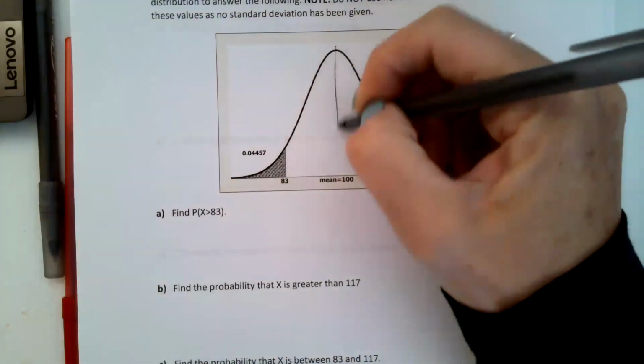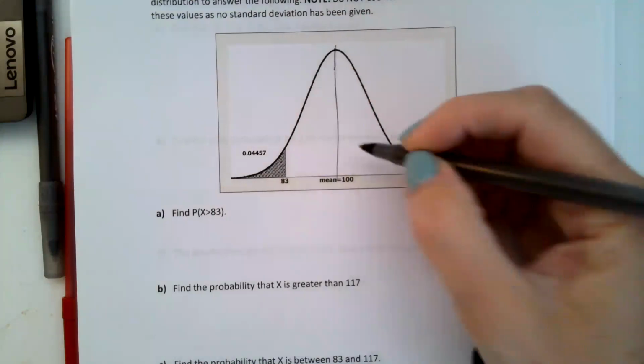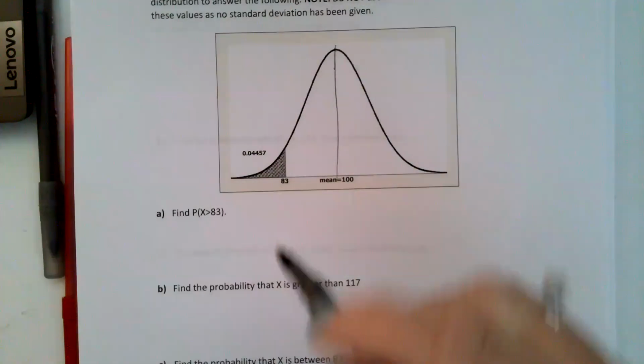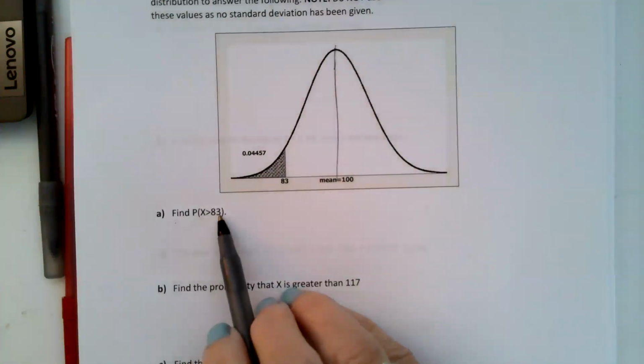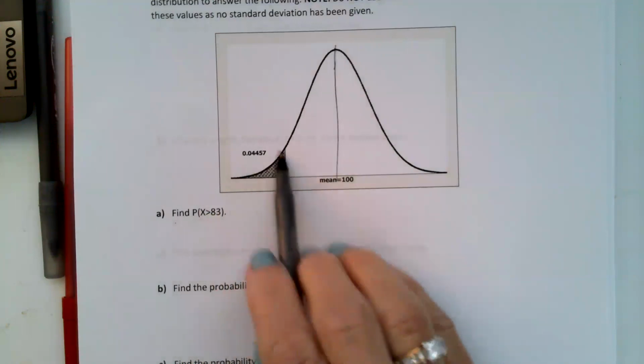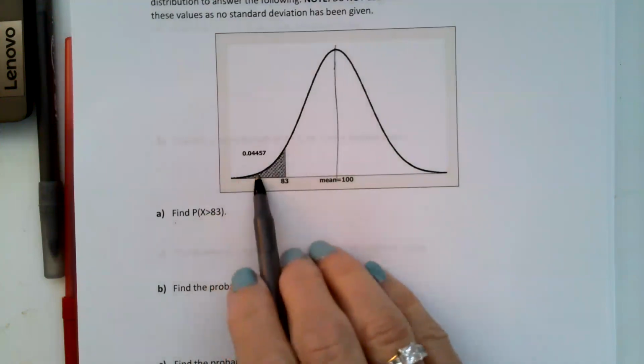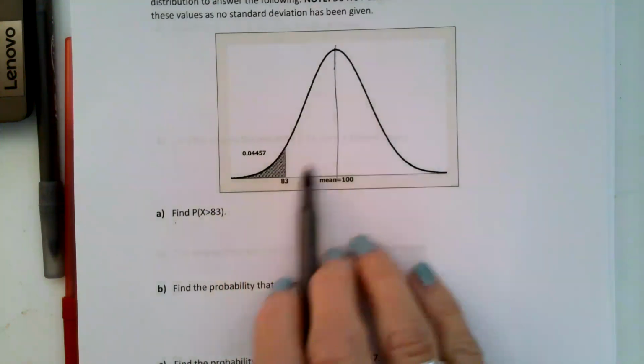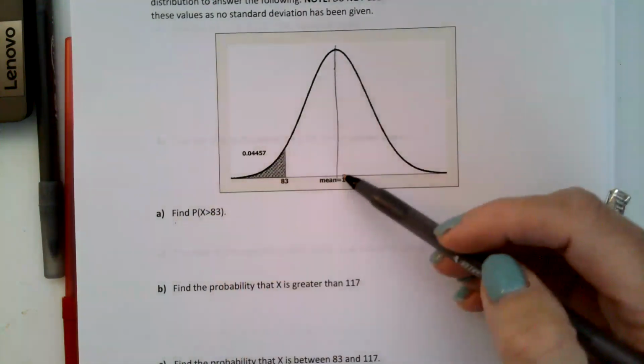So I am just going to draw some things on here. I know that my mean is 100. It says find the probability that X is greater than 83. Well, if I know that the probability that X is less than 83 is 0.04457, I know that using the complement, I can find the space that's greater than.